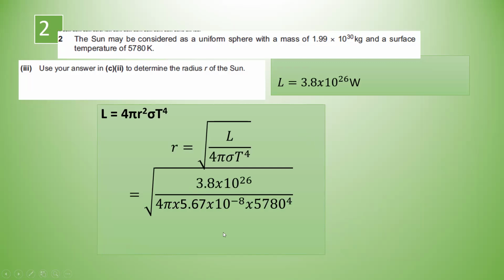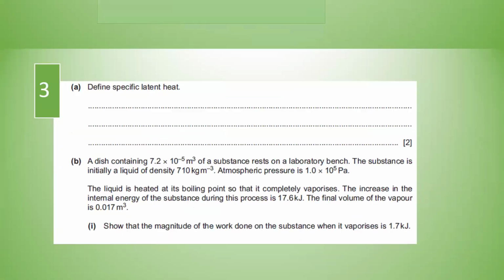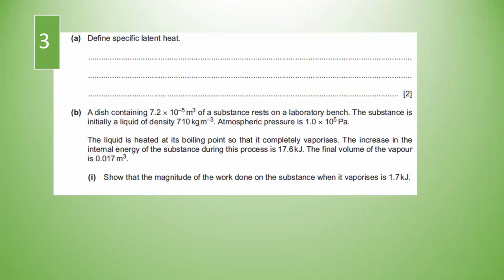This one, look in the data sheet there, the Stefan constant sigma. And then the temperature. Okay, any comment? They try to combine two topics together to show you the application of physics, gravitation and astronomy.